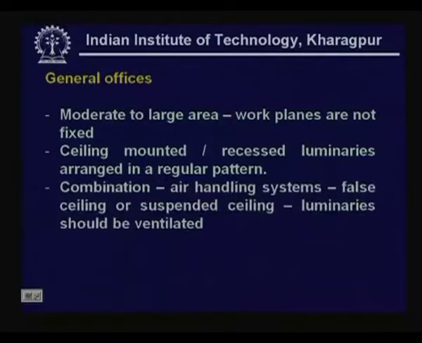And in fact, from the point of view of energy saving, the trend these days is to use compact fluorescent lamps in the luminaires, and this has to be combined with, as I have always been emphasizing, the air handling system. This air handling system should also enable ventilating these luminaires, so that no undue heat is generated in them, which adds to the air conditioning load.